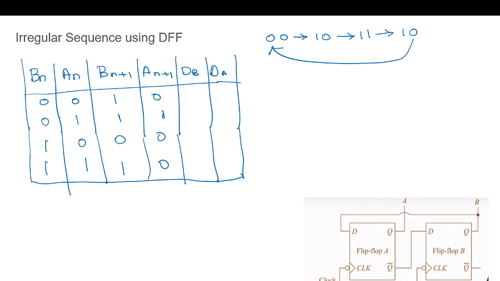Okay. From 0 0 to 1 0. Let it be 0 1. This is also irregular, right? 0 1 3 2 back to 0. So it is also an irregular sequence.